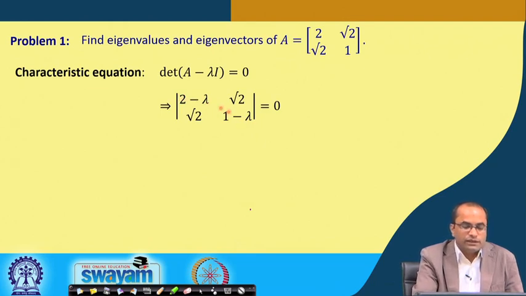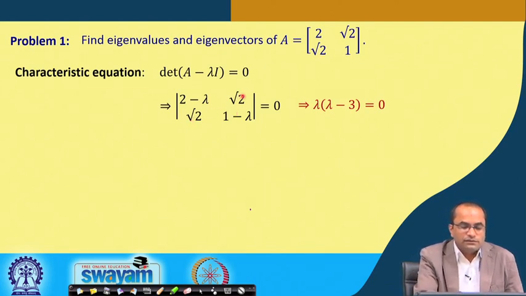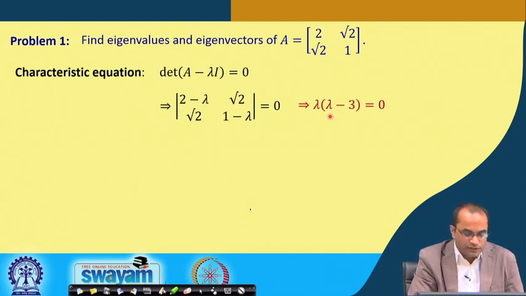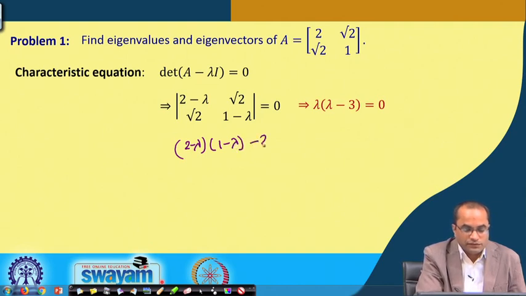So, we can multiply 2 minus lambda by 1 minus lambda, and then subtract the product of the off-diagonal entries, which gives exactly minus 2. So, this is 2 minus lambda times 1 minus lambda, and minus 2.